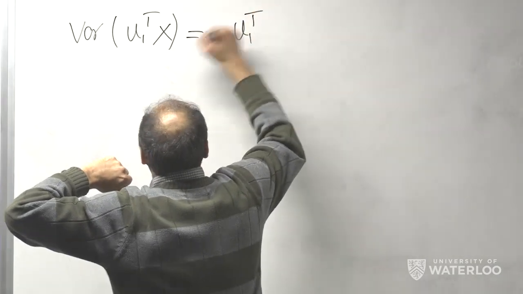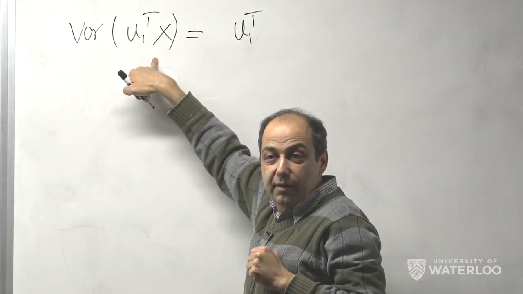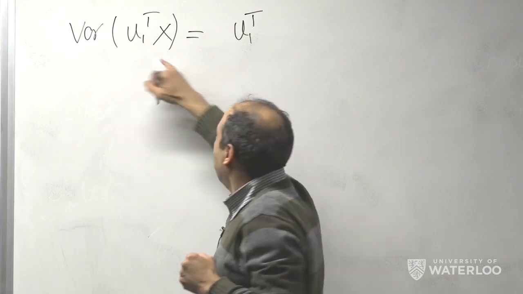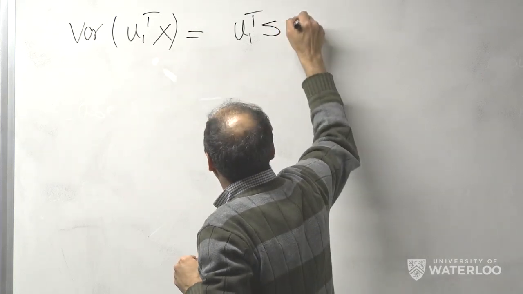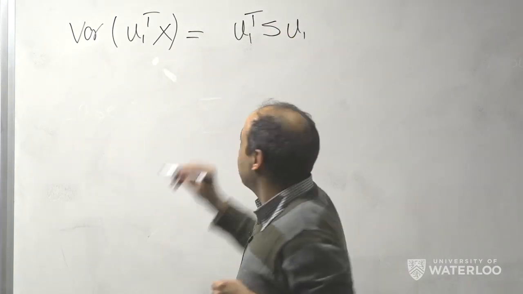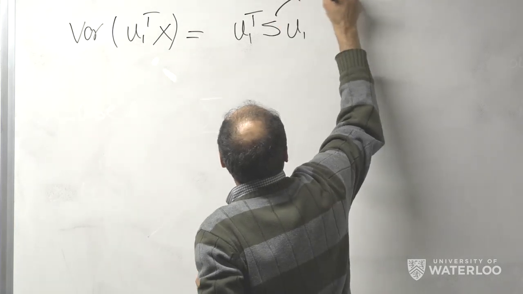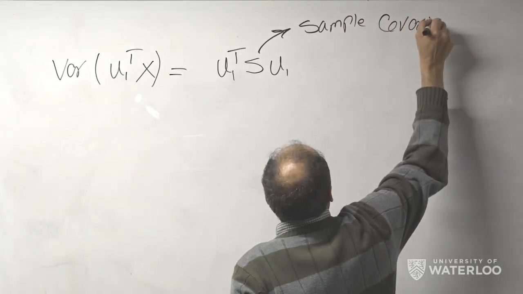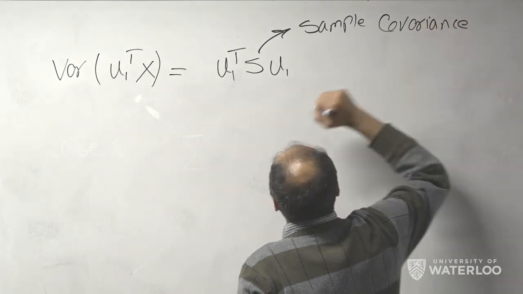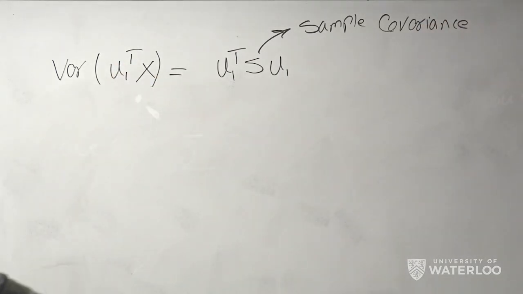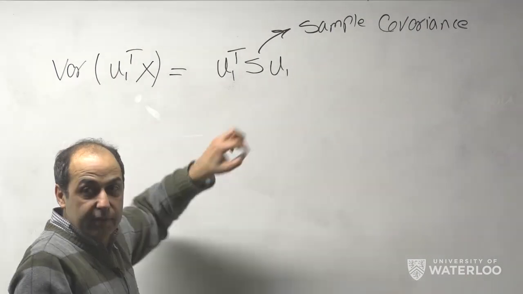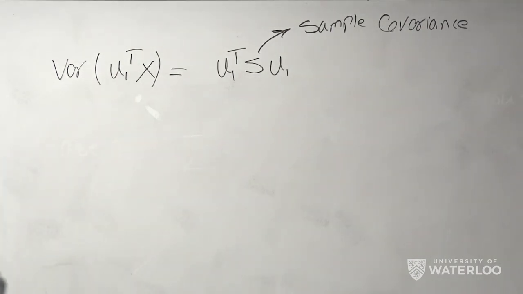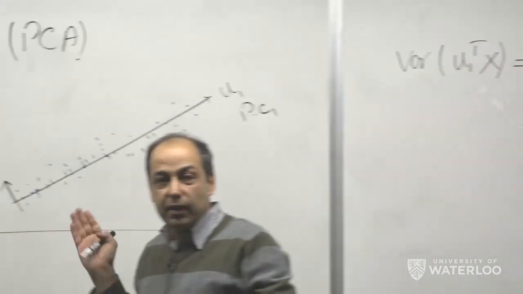U1 transpose times the covariance of x times U1, where this is the sample covariance of x. Great. So this is a scalar now, right? Because we are in one-dimensional space. I projected everything on U1.